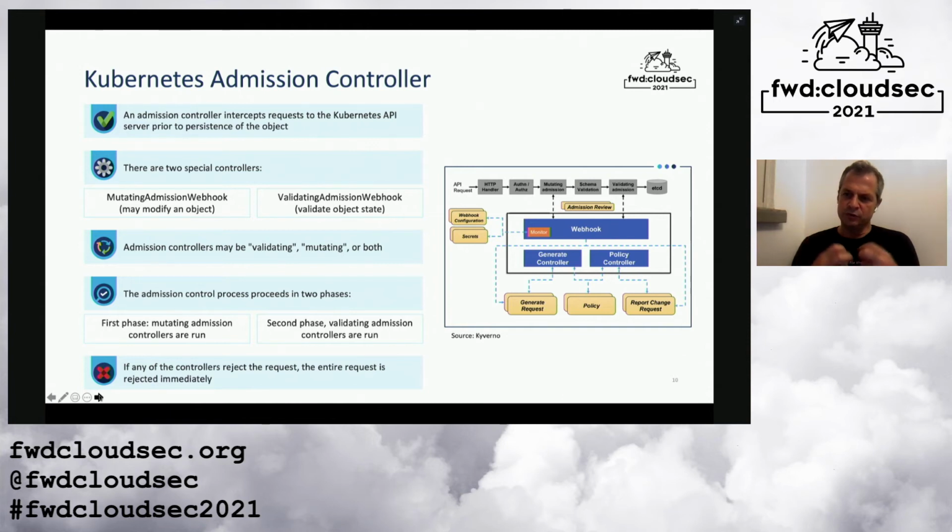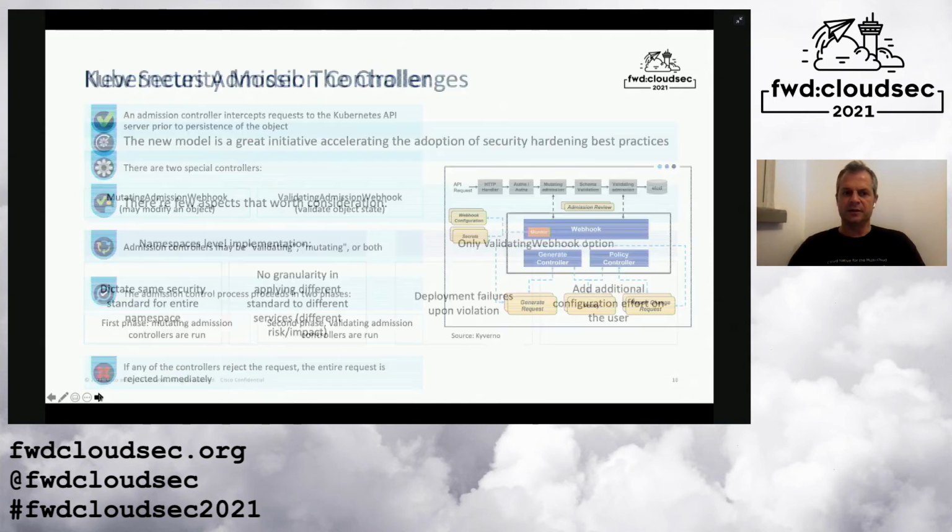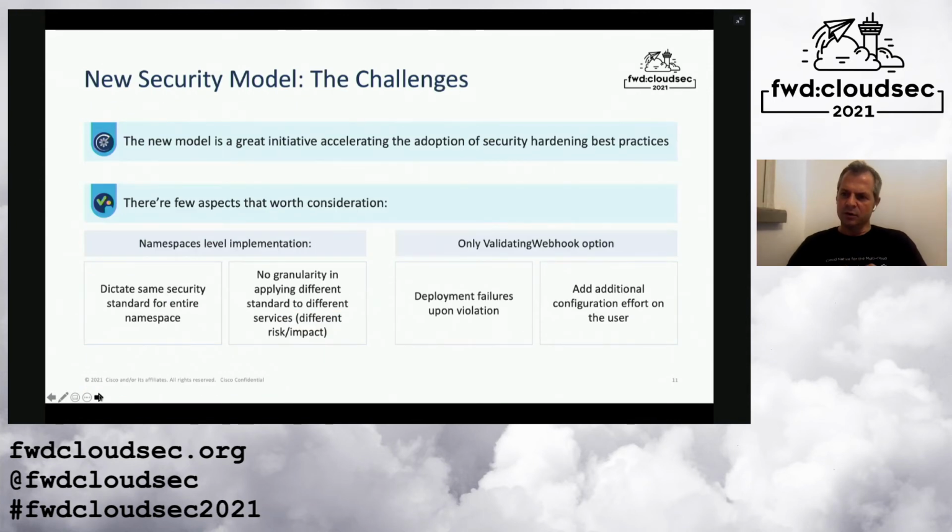Because if you really want to verify that what mutating did was not changed down in the process, you need to do it together with the validating. And the way it works is that if any of the controllers rejects a request, the entire cycle is rejected. In our case, if any of the pods is rejected by the admission controller, it will not be deployed in the cluster.